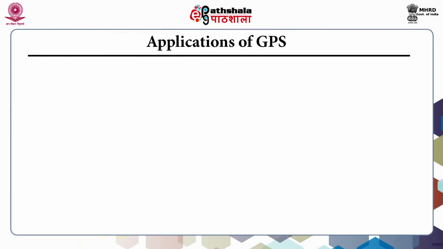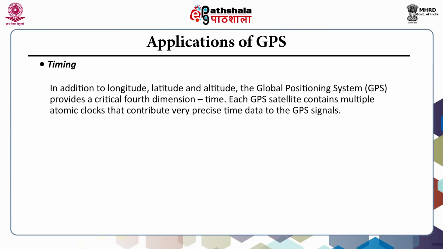Now let us discuss the applications of GPS. First one is timing. In addition to longitude, latitude and altitude, the Global Positioning System, that is GPS, provides a critical fourth dimension, that is time. Each GPS satellite contains multiple atomic clocks that contribute very precise time data to GPS signals.